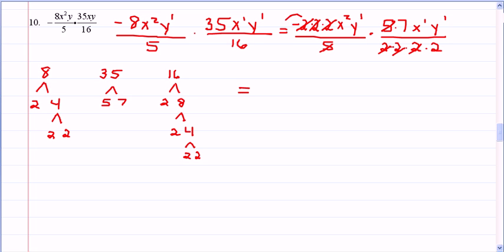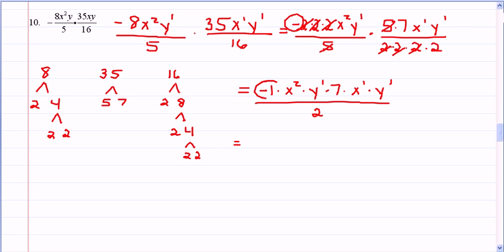Just don't forget about this -1 in front of the first fraction. So -1 times x squared times y to the first times 7 times x to the first times y to the first over 2.